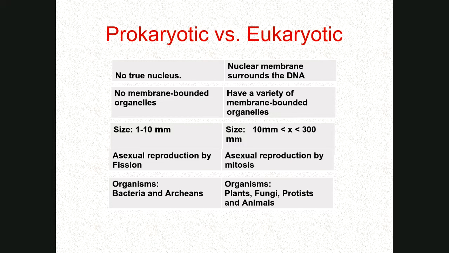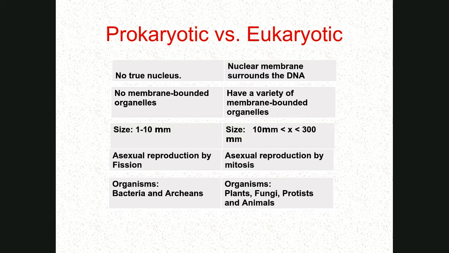So each organelle inside of eukaryotic cells has a membrane around it. In the prokaryotic cells, no membrane-bounded organelles exist. And they are very, very small as compared to eukaryotic cells. And they reproduce by fission, which is asexual reproduction.